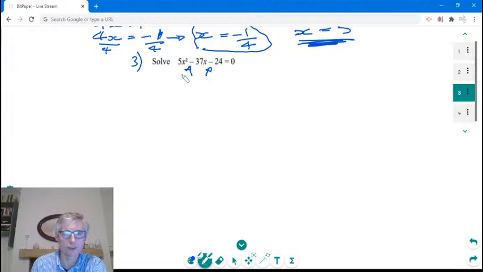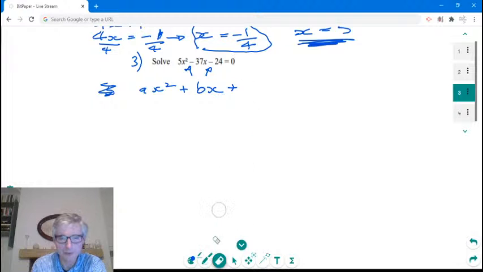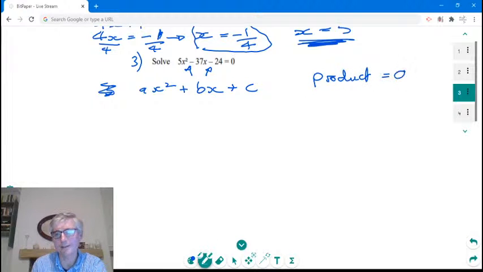What we can do is take the ax squared plus the bx plus the c, and we're looking for a product, which is the a times the c, and a sum, which is just the b.